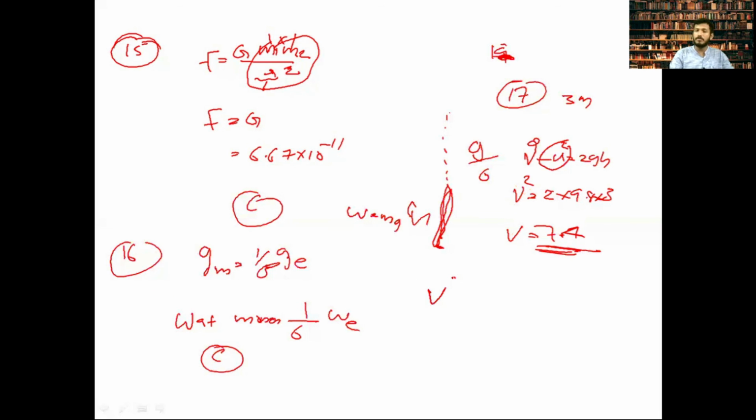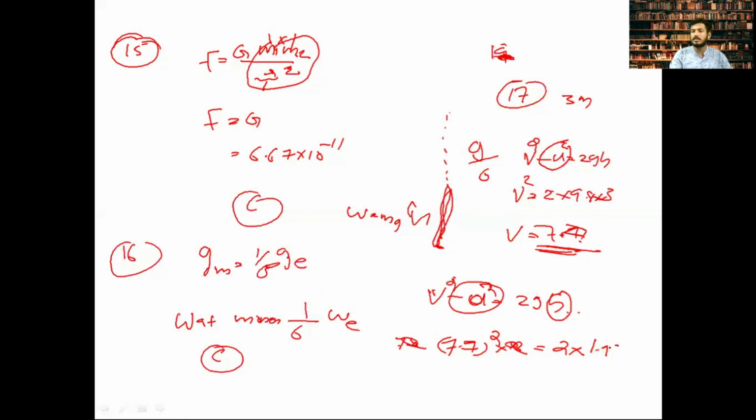In the case of the planet, v square minus u square is equal to 2gh. We have to find this h. We know v, because it is the same velocity as on Earth, 7.7. Put the value. u square is also 0 because the jump starts from a height h. So a dropping body or jumping body has initial velocity 0. v square is 7.7 the whole square, equal to 2 into g, and g is given in the question as 1.96, into h.